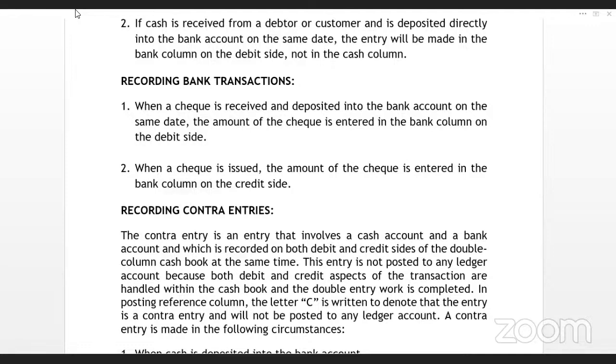Okay, I'm seeing messages here. This is Joseph on the chat. Joseph, deposit of cash to the bank account. Yes. So whenever you see that, we have those examples of transactions here.